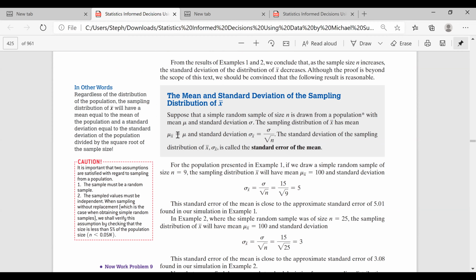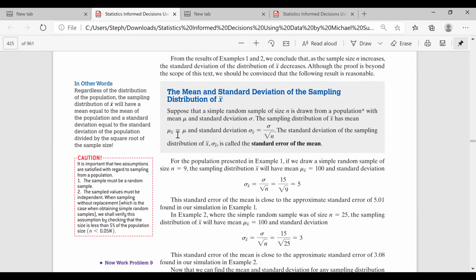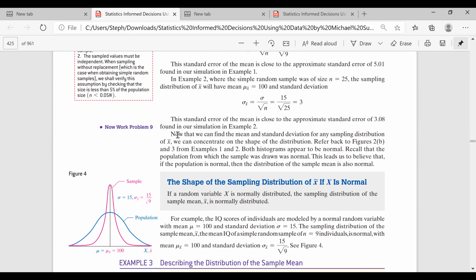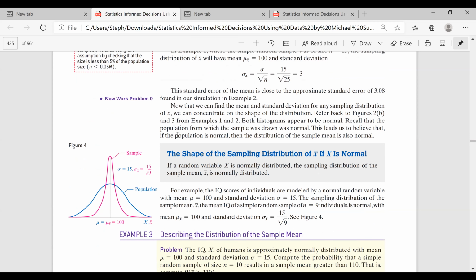So the standard error of the mean is the standard deviation over the square root of n. Yeah, that's the formula. And if random variable X is normally distributed, the sampling distribution of the sample mean is normally distributed.